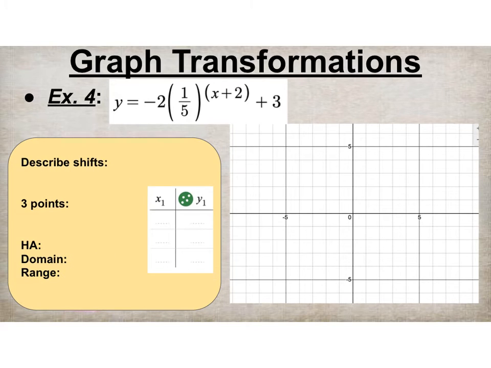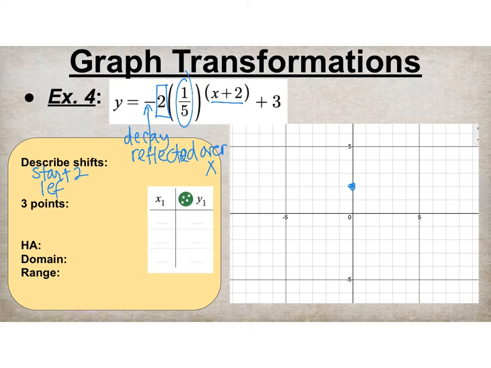Let's try this one. I notice my base is 1/5, so this should be a decay, but then I also see that this is going to be reflected over x. I am going to start at 2, not -2, start at 2. So I'm going to go to 2 and put a point. Then I'm going to go left 2 and up 3.